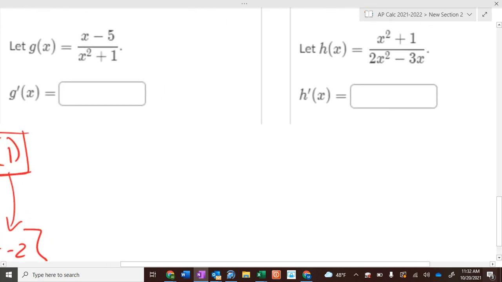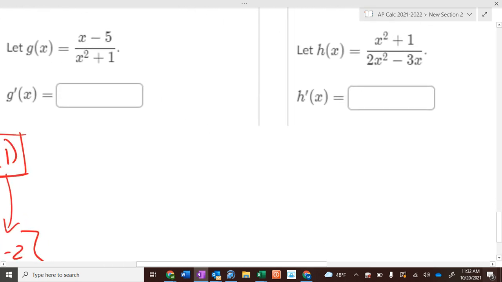Come on, bro. Okay. So what would we start with in this one? The denominator, x squared plus 1 times the first derivative of the numerator, 1. Shoot.